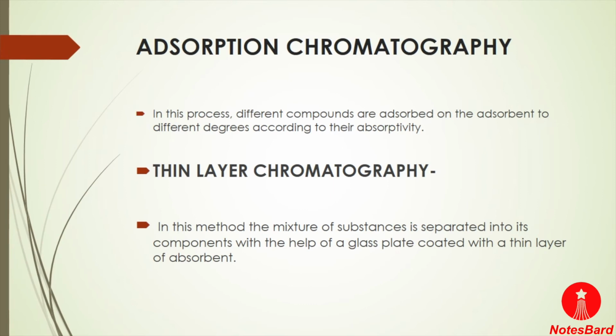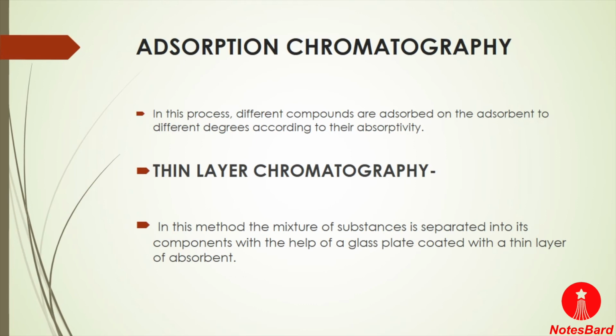Now another method is thin layer chromatography. It is also called TLC, and in this method the mixture of substances or components is separated into its pigments with the help of a glass plate, which is coated with a very thin layer of adsorbent, and that's why it is named thin layer chromatography. The adsorbents used in this method include silica gel and alumina.